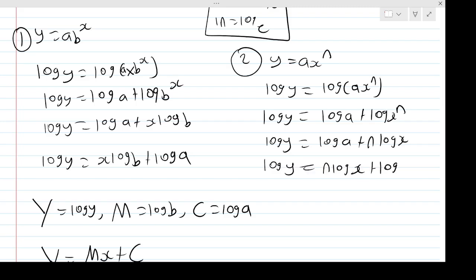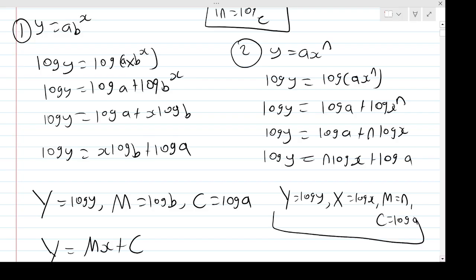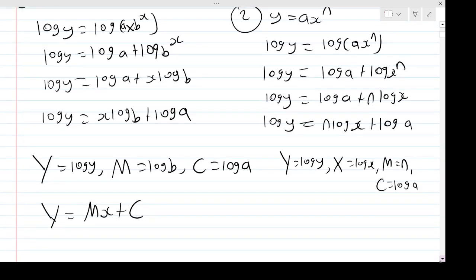And again, if I use a substitution, say big Y is log y, big X is now log x, big M is n, and big C is log a, then if I substitute all these variables into this equation, log y is big Y, equals n, which is M here, times log x, which is big X, plus log a, which is C. Again, what do you know?